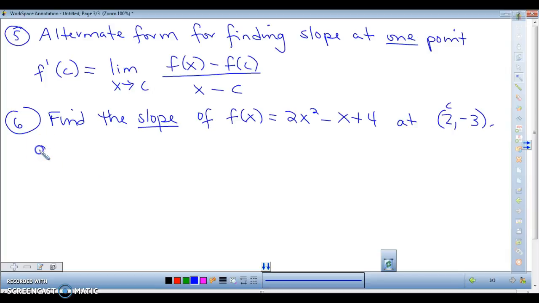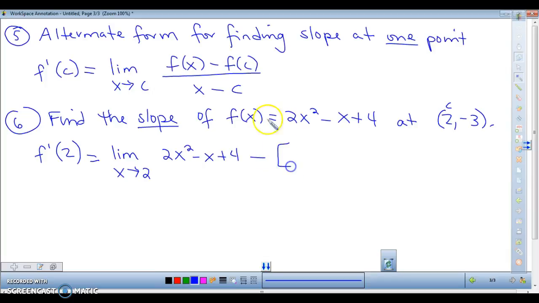All right, so we can say that f prime of 2, that means your slope at 2, or your derivative at 2, is equal to the limit as x approaches 2 of f of x, and in this case f of x is 2x squared minus x plus 4, minus whatever f of 2 is. Because we're putting 2 in the place of c, we've got to figure out what f of 2 is. And that's what I'm going to do right here.